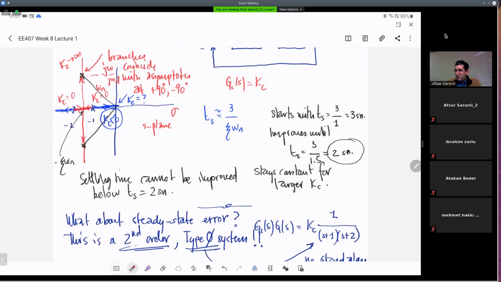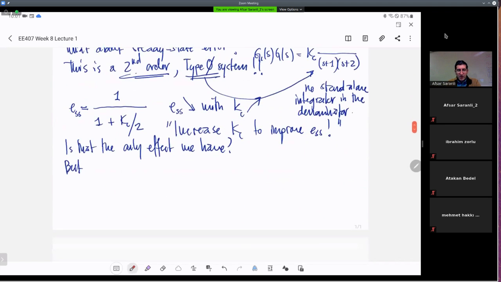What was omega d? Omega d is the damped natural frequency. Otherwise, it is the frequency of damped oscillations, the frequency of oscillations within the exponential envelope. So if I increase Kc, omega n will increase, omega d will increase, with constant exponential envelope.